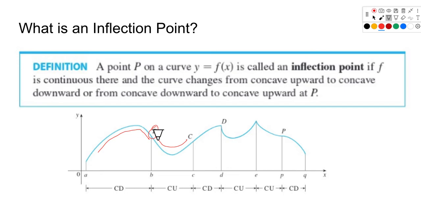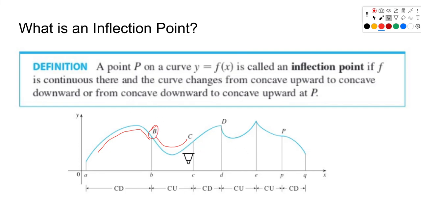As we've looked at in the test for concavity, if the second derivative is negative, we've got concave down, which I think of as a frown. If the second derivative is positive, we've got concave up, which I think of as a smile, because positive things make you smile and negative things make you frown, however you want to remember that. And in between, it's got to be 0. That's where our inflection point is. So that's a way we can go about doing it.